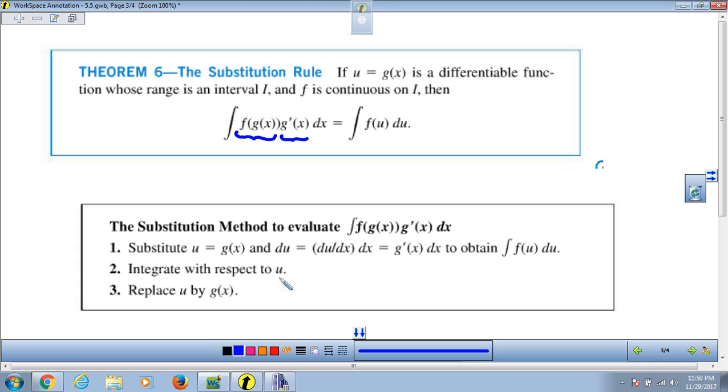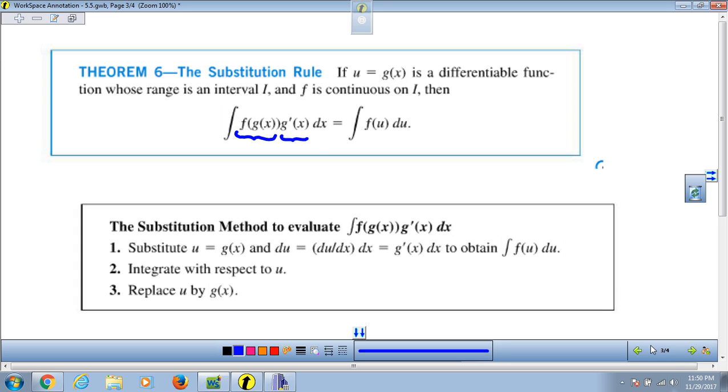So you're letting u be the inside function, you're letting du be the derivative of the inside function, and then you're using that u to rewrite the indefinite integral in terms of u, and then you're going to do the integration. Number three is replacing again the u by the original value of u, which was the inside function, g of x in this case, if you look over here where I'm pointing on the theorem.